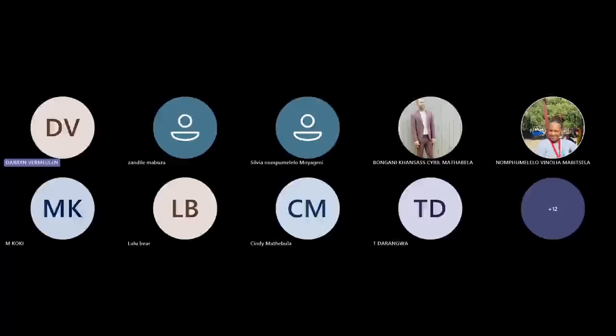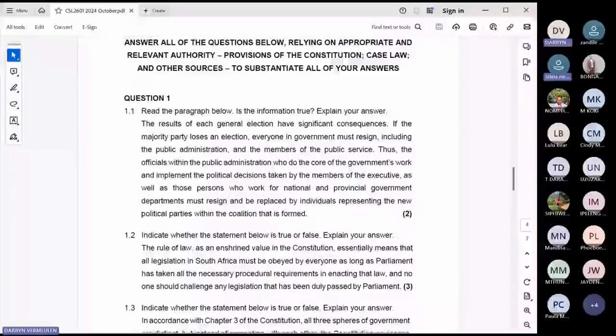Is it showing anything on that side? No, I don't see it. Oh yeah, there. Yay. Technology is awesome when it works, eh? When it doesn't work, it's a different story.